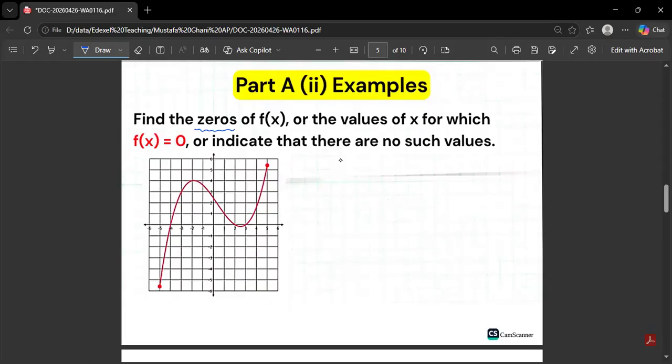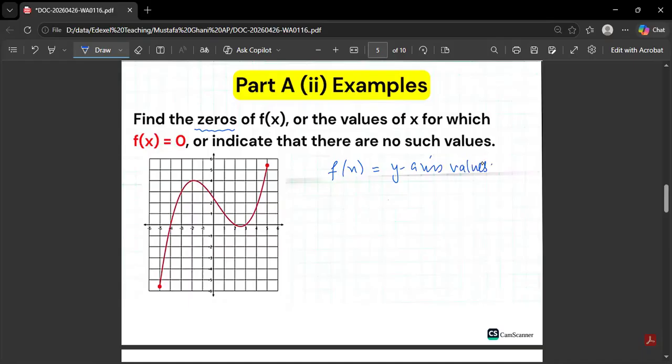That is called the zeros of the function. So for which f of x equals 0, or indicate that there are no such values. Let's recall that f of x is actually the y-axis values.